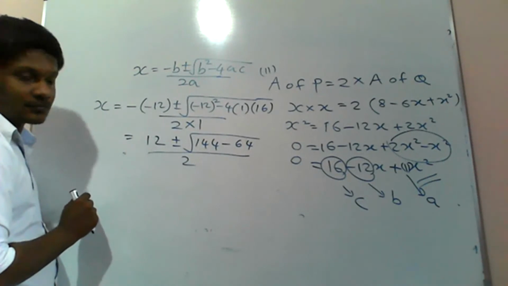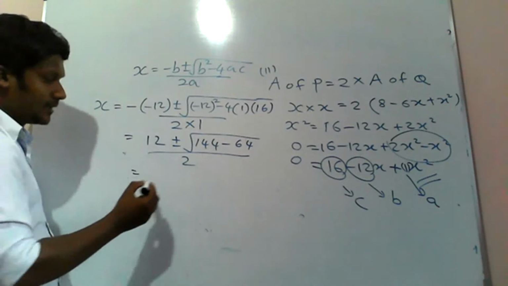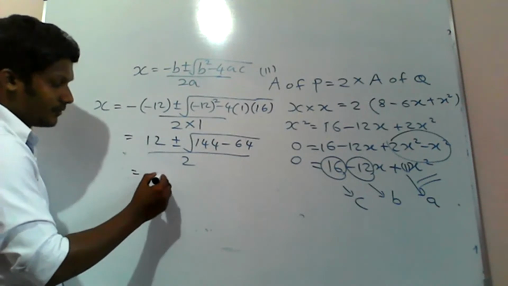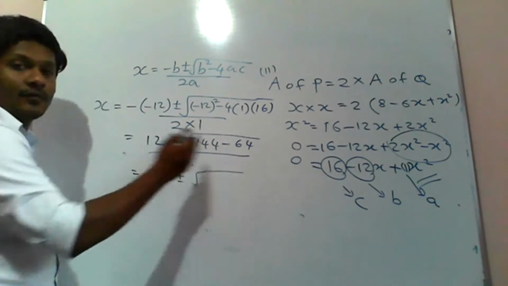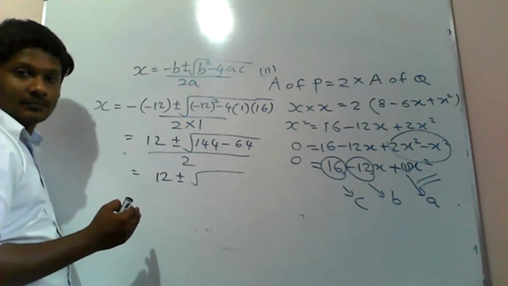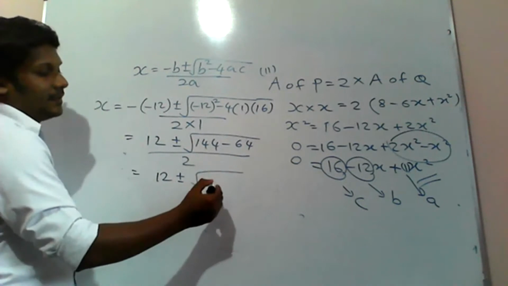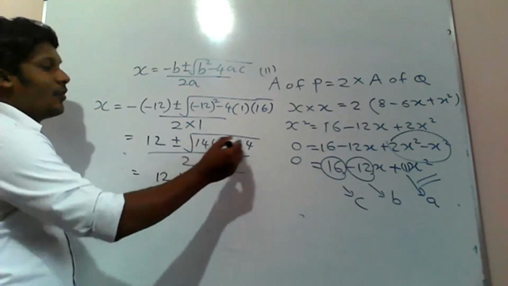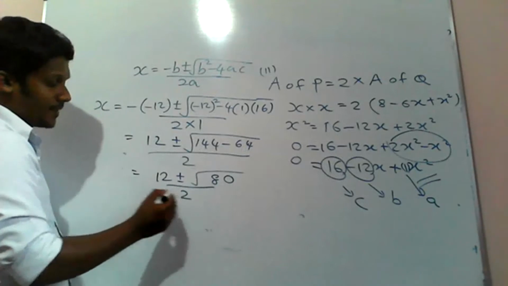Right, then 12 divided by 2. We cannot simplify further now. Root of 144 minus 64 is root 80, divided by 2.